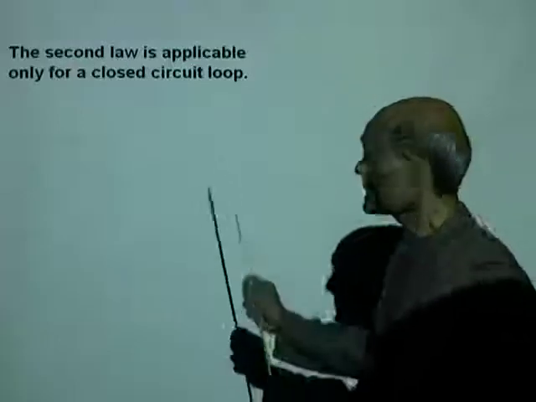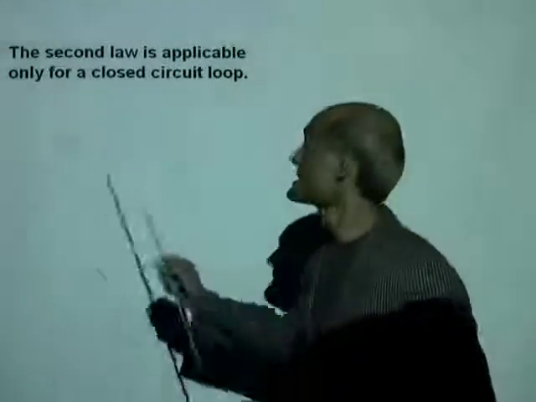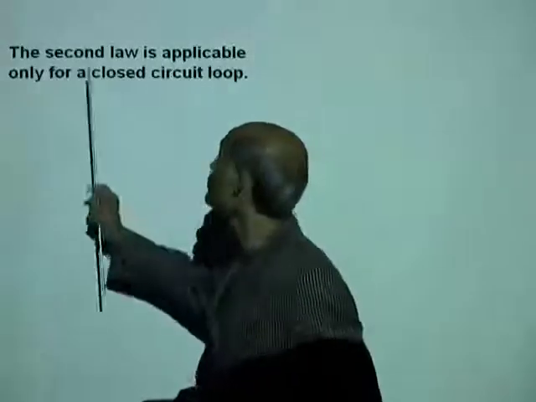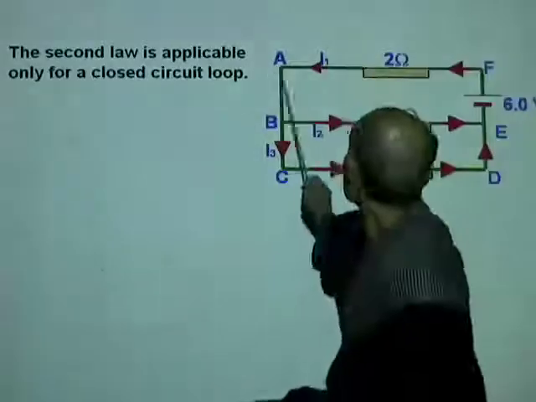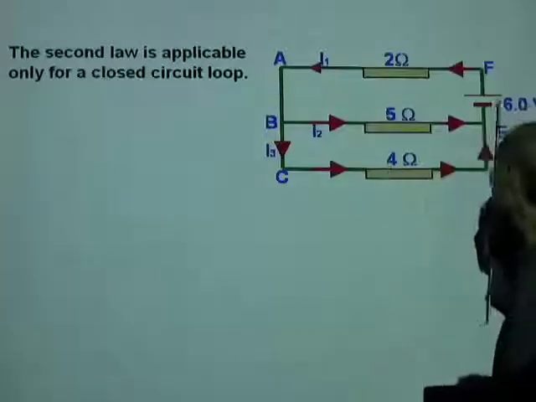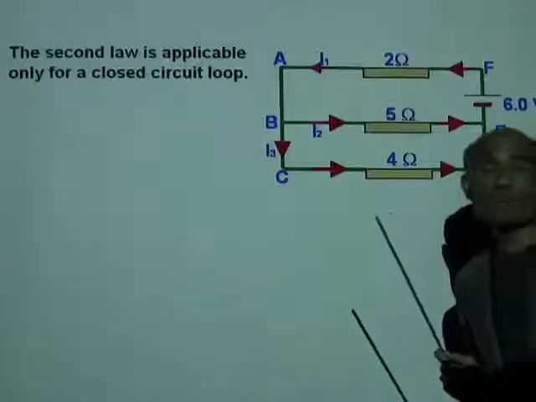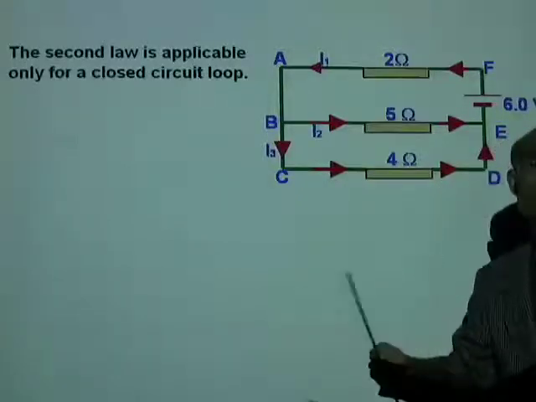Okay, let's now talk about the second law. The second law is applicable only for closed circuit loops. Here is a closed circuit loop. If any part of the diagram cannot be read, I would want you to keep the printed PowerPoint with you.